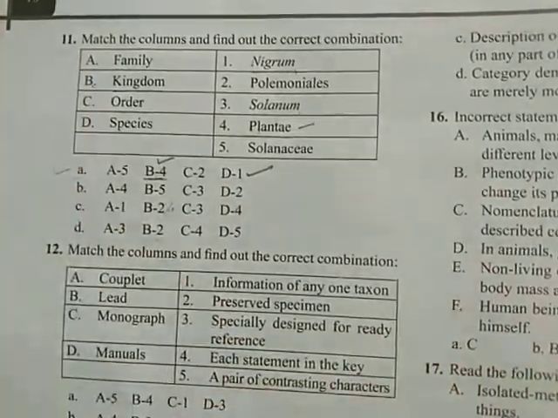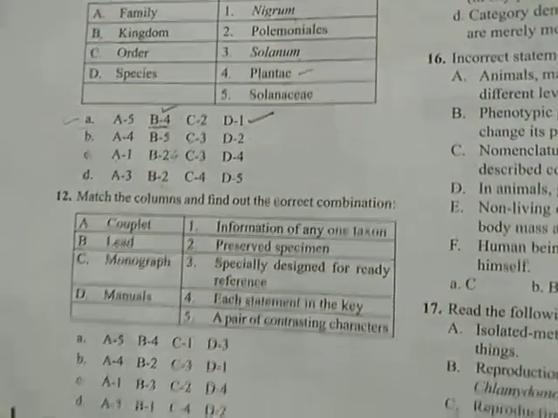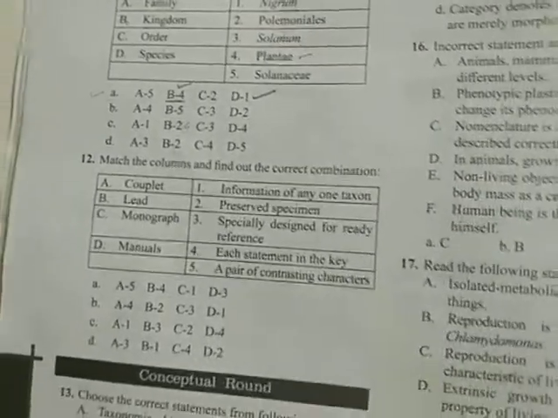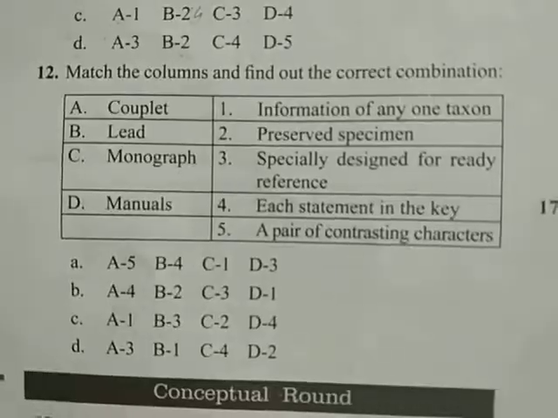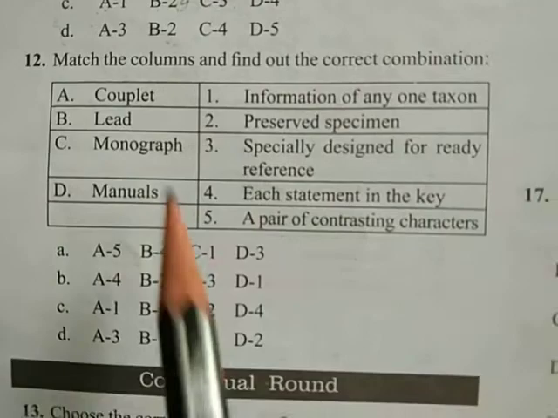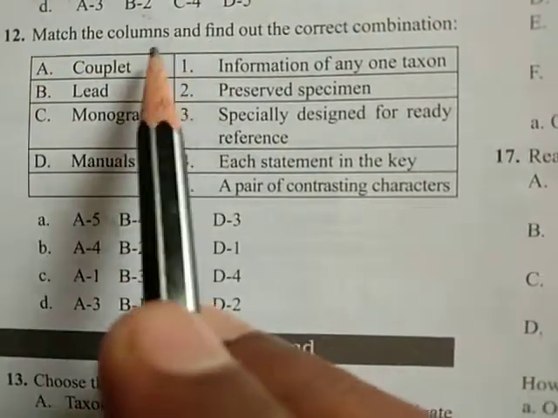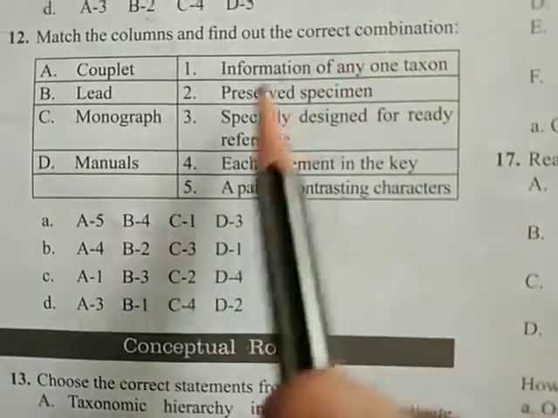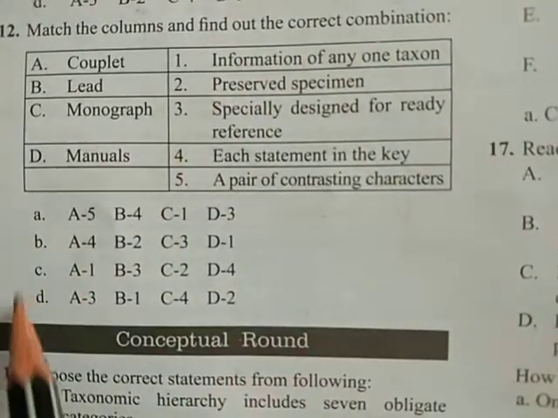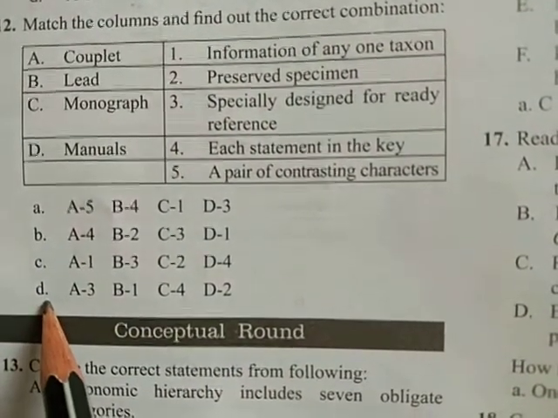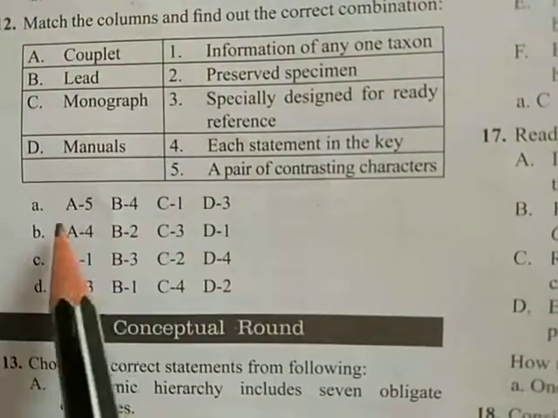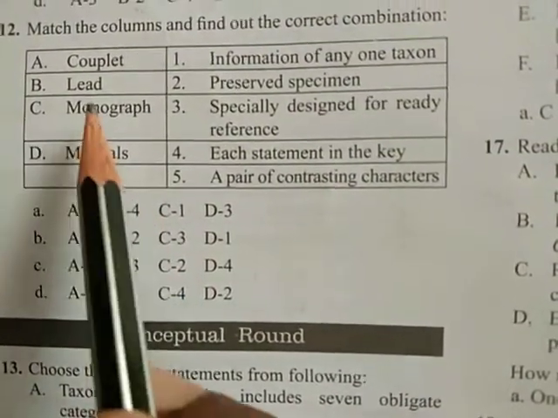So this is the question, and we can choose the next question. Yes, you can read out the column in the match the same question, and they are asking for the correct combination out of these 4 options. We have to select which is the right combination, right?